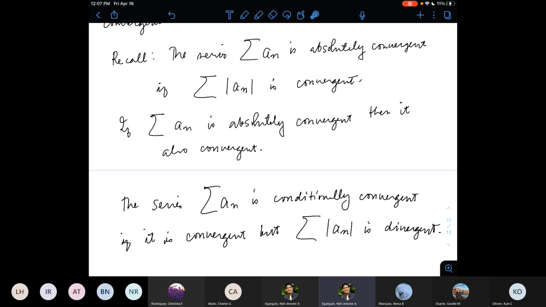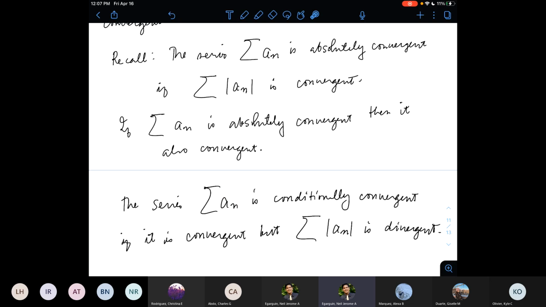There's an importance about absolute convergence and conditional convergence. If your series is absolutely convergent, then you can rearrange the terms, and you will get the same sum every time. But if your series is conditionally convergent, then you can rearrange the terms and you will get a different sum.